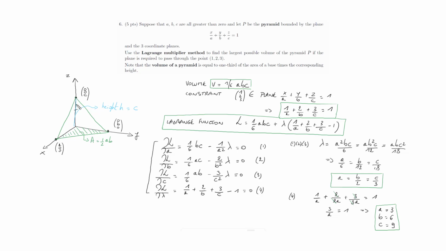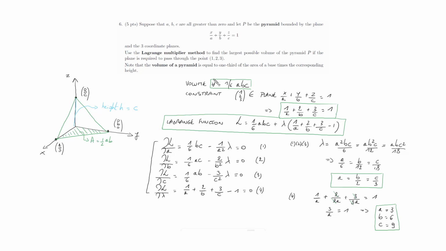The height here is C, and if you apply the formula, you can obtain the volume quite easily. So we have one constraint. The point 1, 2, 3 has to be a part of the plane, right? So if you plug this in to the equation of the plane, the equation has to be met.